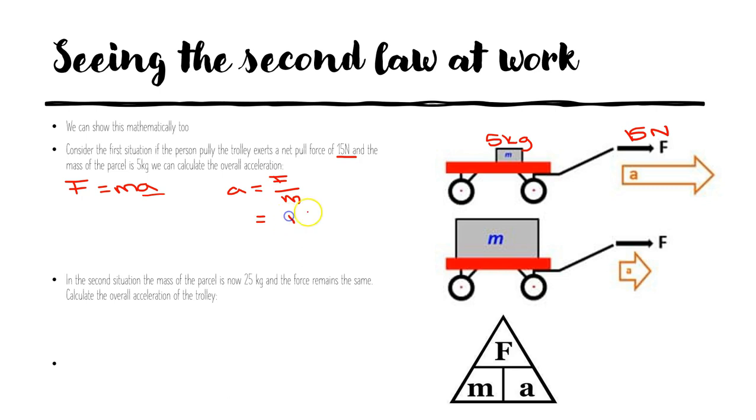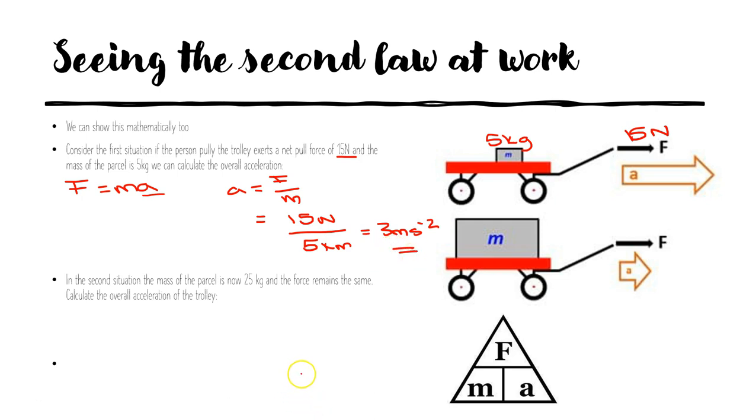This means I'm going to take my 15 newton force and divide by my 5 kilogram mass, and I will get an acceleration of 3 meters per second squared. That will be my acceleration.